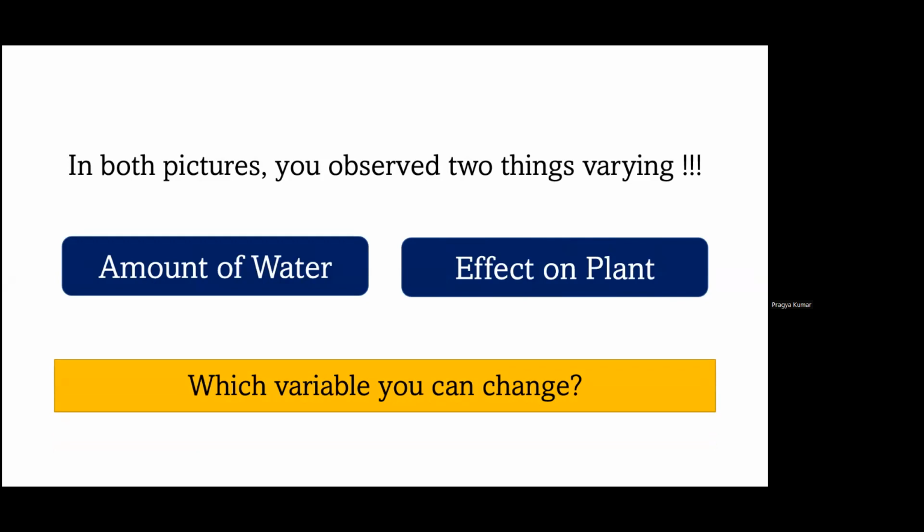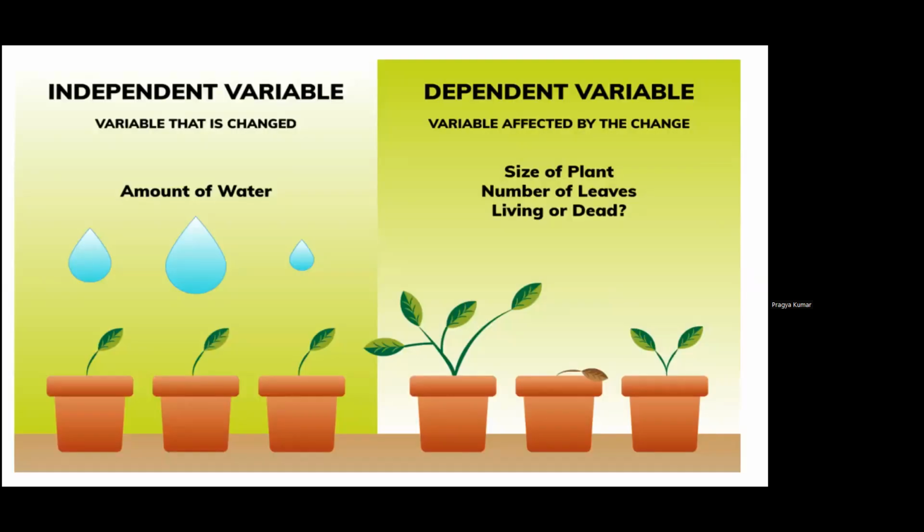Yes, because if you change the amount of water, the effect on plant will be different. So the independent variable is the variable that is changed, which is the water. And the dependent variable is the variable which gets affected by the change in the independent variable, like size of the plant, number of leaves, or whether it is living or dead.